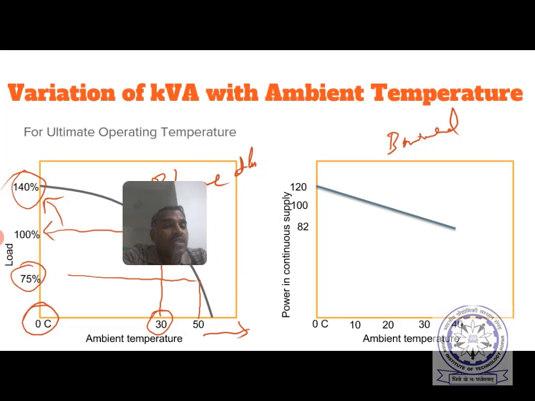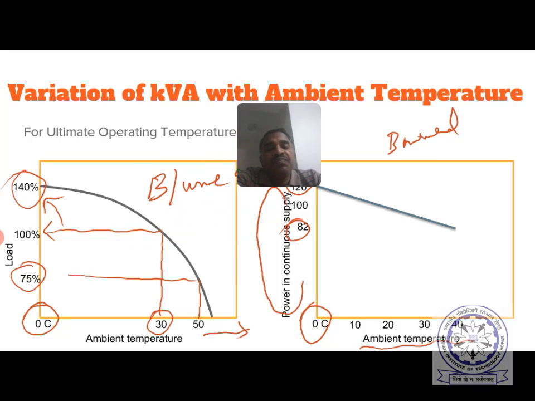A similar characteristic in terms of power in continuous supply is given here. This is 120, 100 and 82. At 0 degrees centigrade this is 120 units, and then it decreases with ambient temperature. In general, these two characteristics look a little bit different.